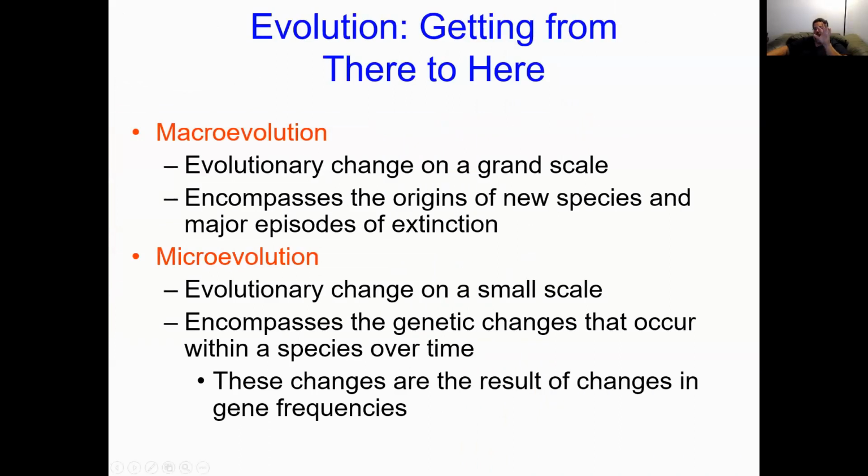So what you've seen has been primarily examples of microevolution. These are evolutionary changes that take place on a small scale. When the mosquitoes became resistant to DDT, we were talking about microevolution.